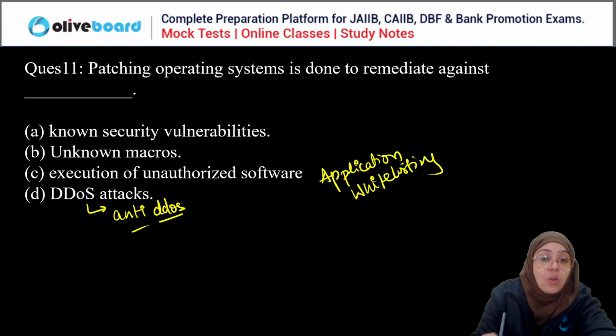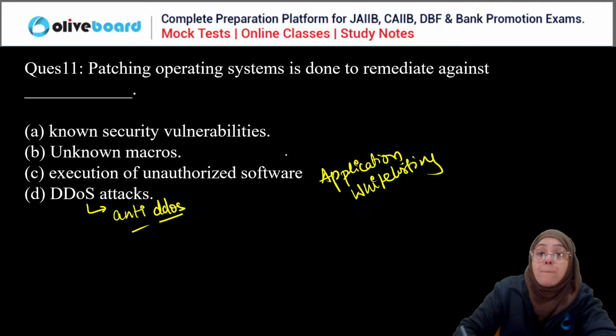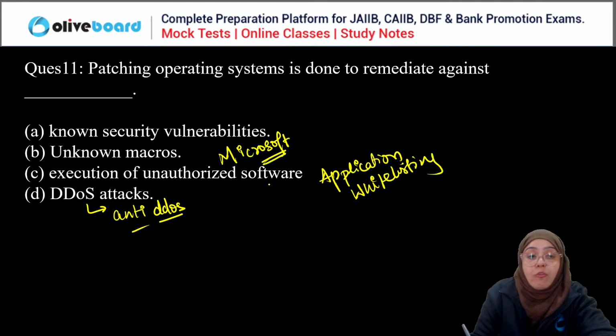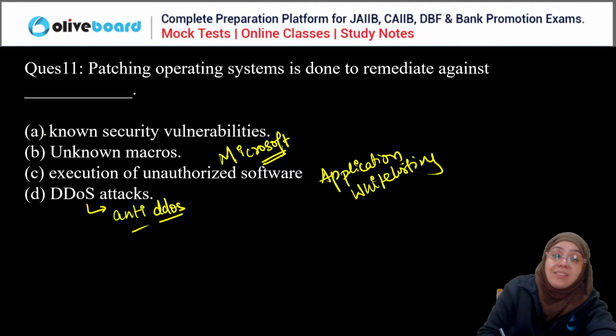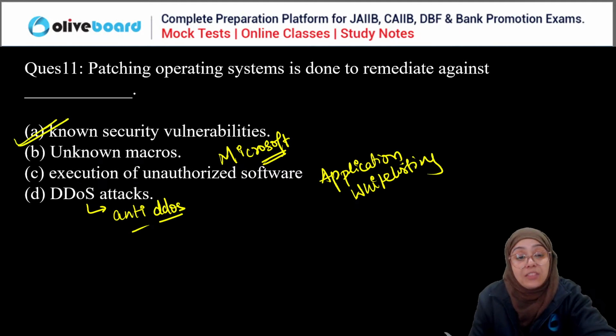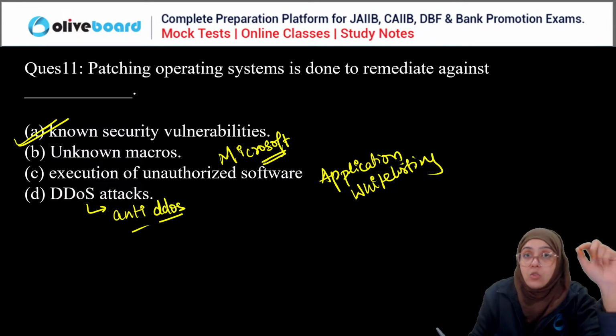For unknown macros, there is configuring Microsoft Office, and patching operating system is actually for the known security vulnerabilities, right? So these are all the things you have to remember.